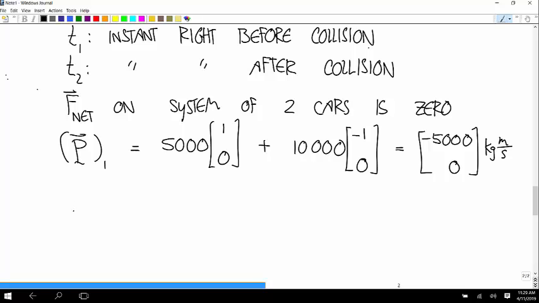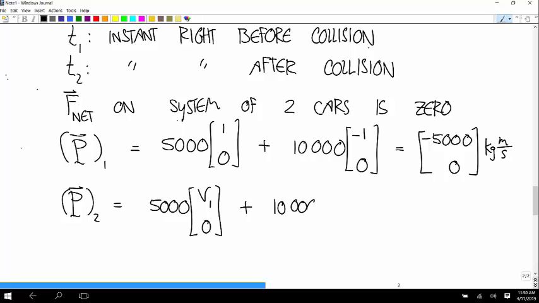And after the collision, we're trying to figure out what those velocities are. They're not given. So all we know is that the left train car has a mass of 5,000 and a velocity that I'll call V1, 0, and the second car has a mass of 10,000 and a velocity of V2, 0.